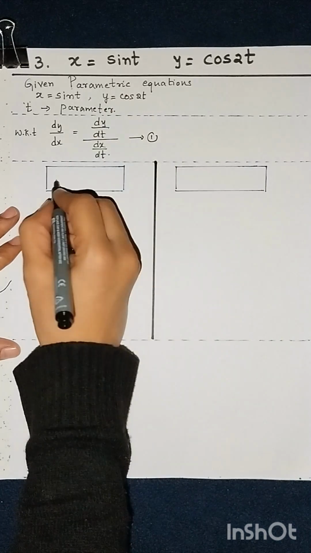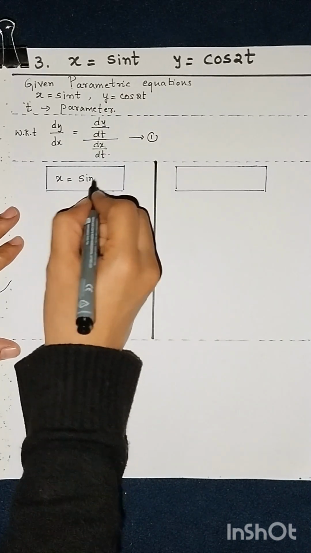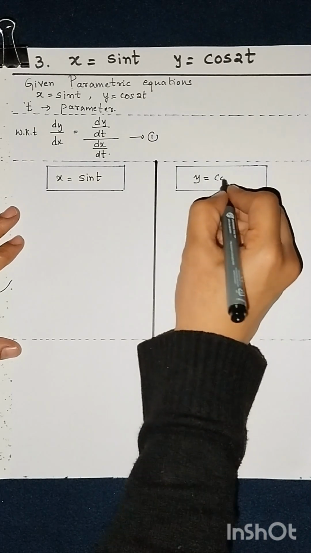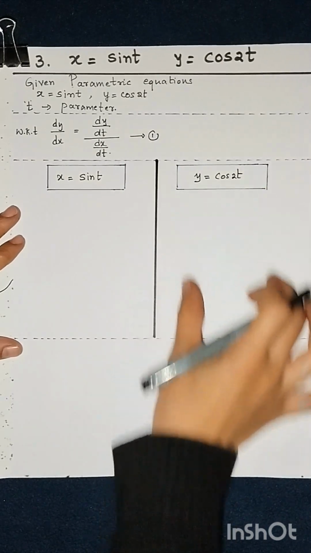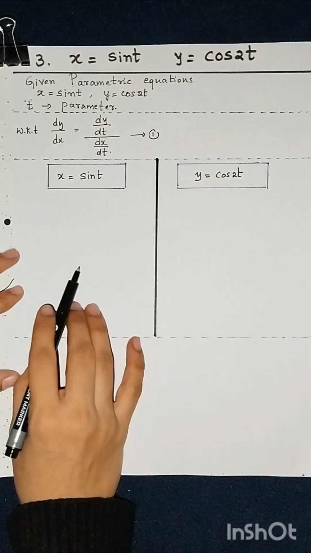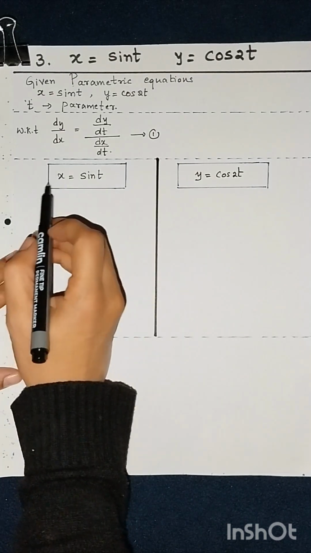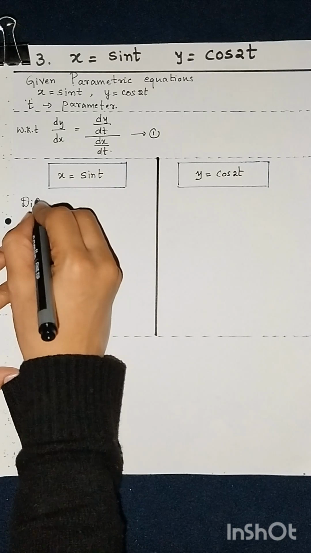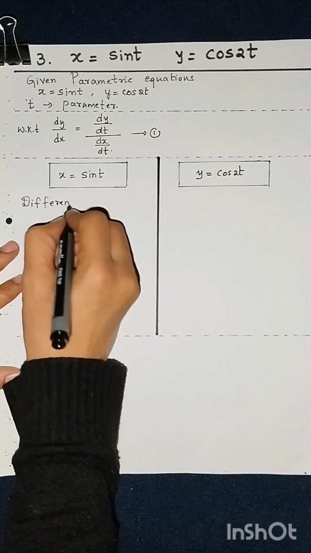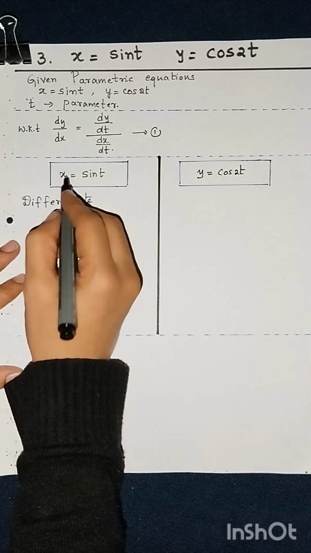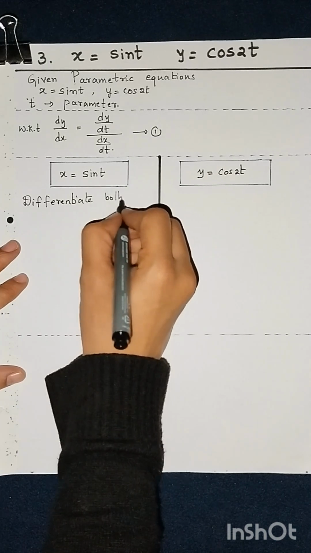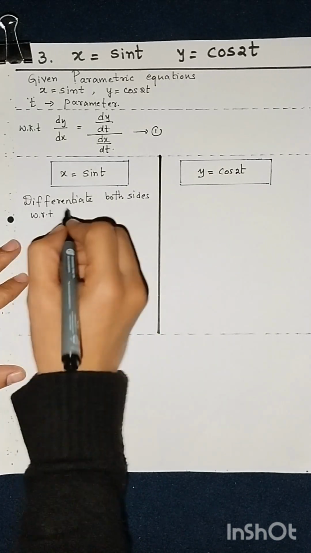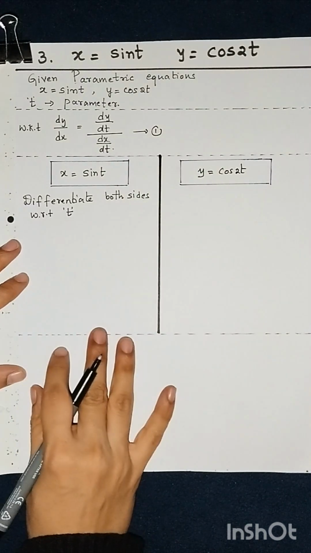First we will write x is equal to sin t. We will get dx by dt. And here we will write y is equal to cos 2t. We will differentiate and we will get dy by dt. So x is equal to sin t. Since we want dx by dt, we have to differentiate both sides with respect to t.